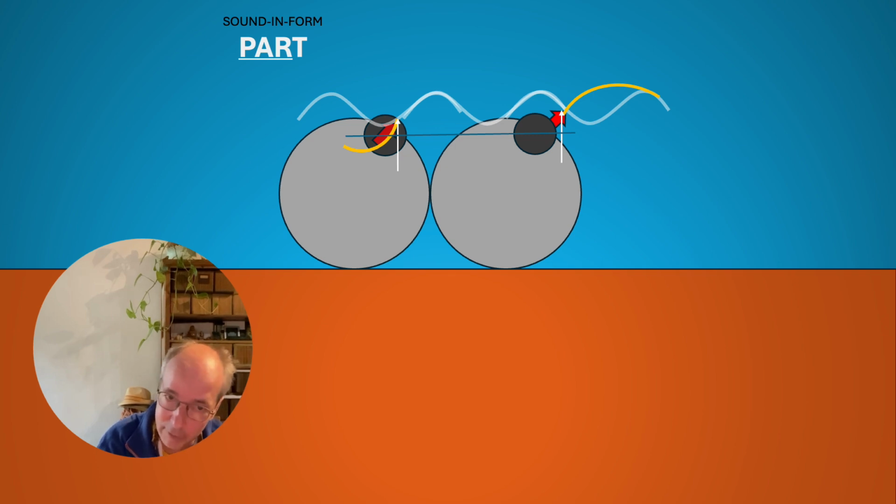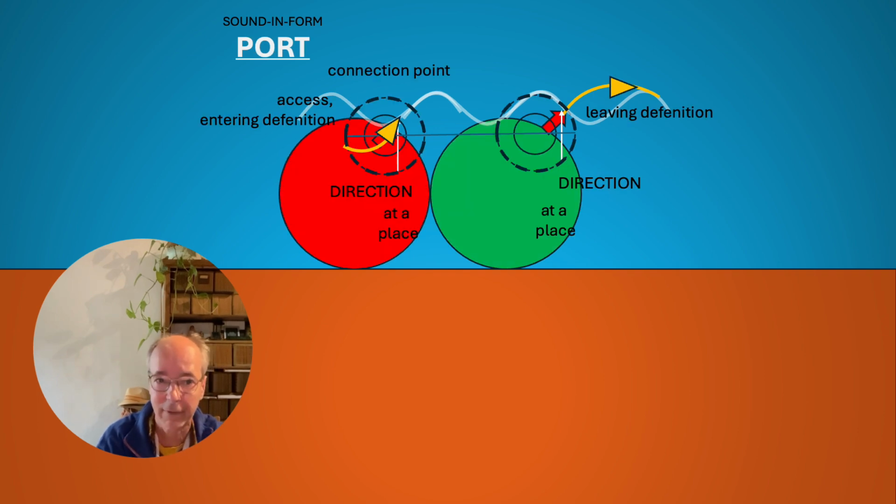Is that enough to understand part? No, we really have to understand what the A is about compared to the O. O was about an environment around a focus. A is really about that focus having an almost physical reference. That makes it also that everything which is involved has a physical reference. So instead of like here with O, you had that access point with movement as well, where you had a movement that had an access point, an entering definition, and a leaving definition.